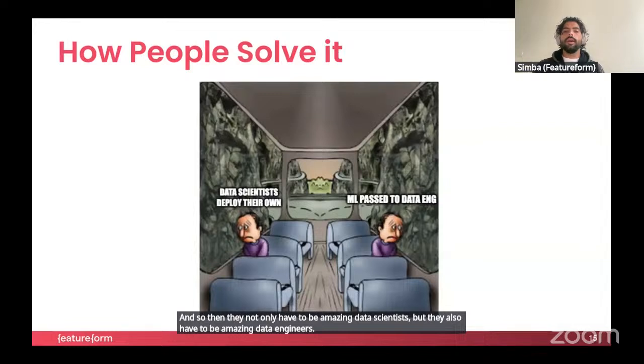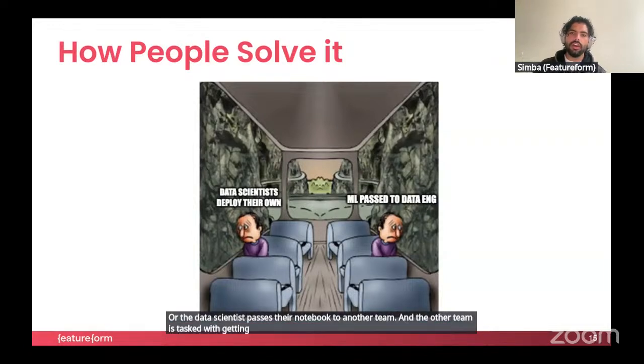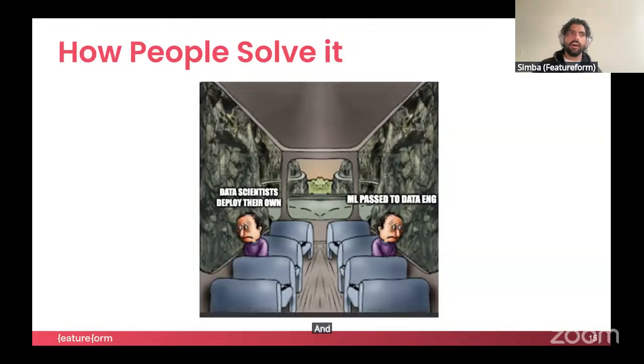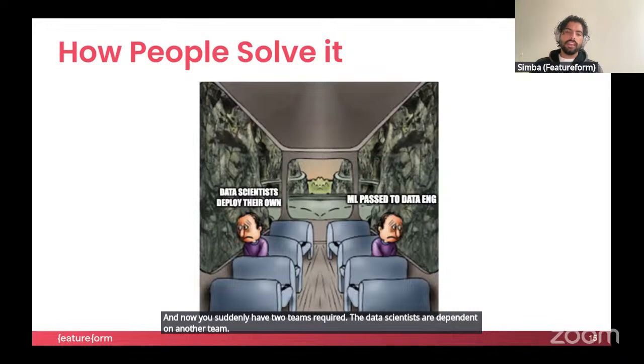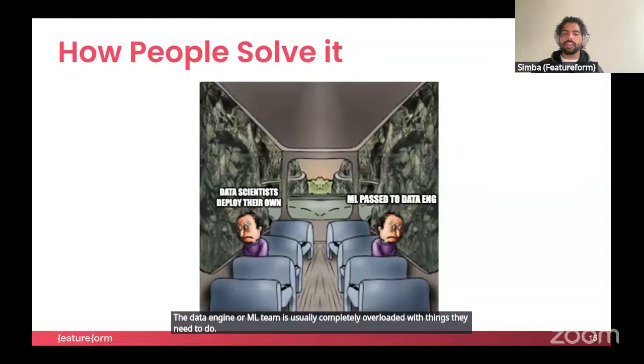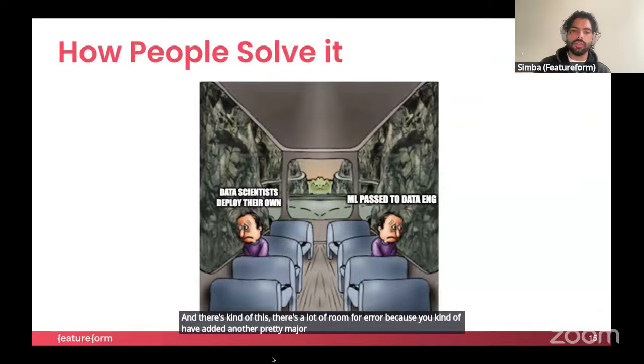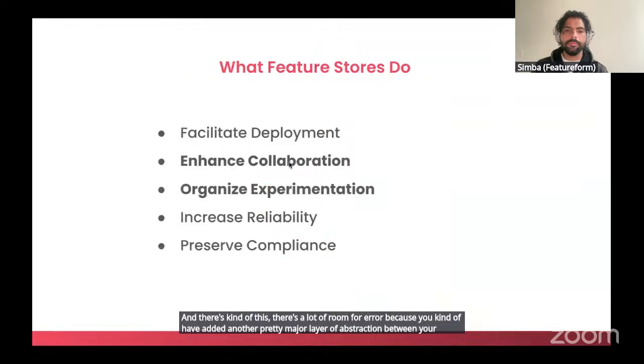Or the data scientist passes their notebook to another team, and that team is tasked with getting it into production. Now you suddenly have two teams required. The data scientists are dependent on another team. The data eng or ML team is usually completely overloaded with things they need to do. And there's a lot of room for error, because you have added another pretty major layer of abstraction between your features being built and in production.